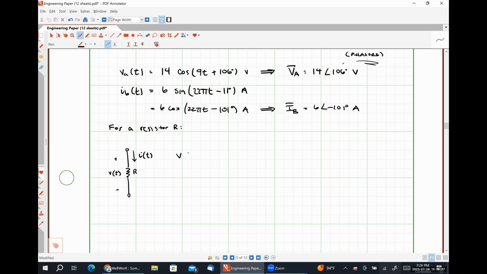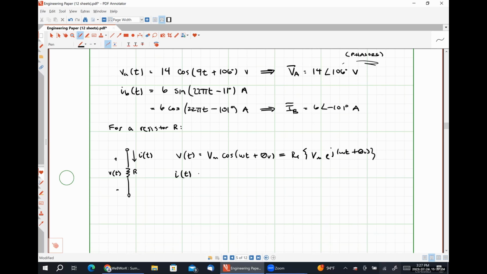Let's say that our voltage V of t is generically of the form Vm cosine omega t plus theta v, which we know is the real part of Vm e to the j omega t plus theta v.